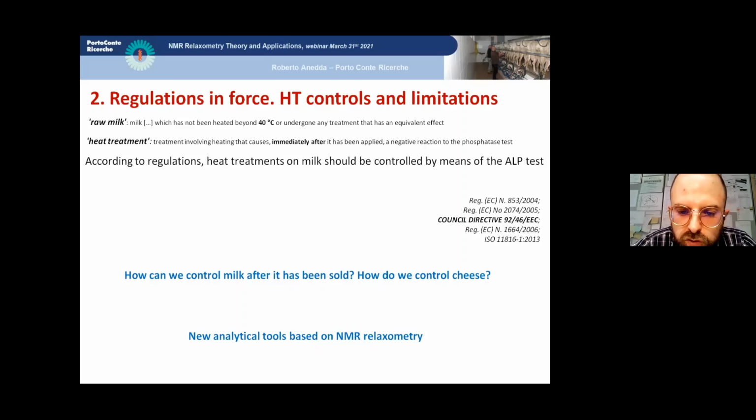The possibility to control mature cheese would open the way to a new quality control plan for the safeguard of typical products. Indeed, to the best of our knowledge, no other analytical method is able to detect milk thermization based on the analysis of cheese. Also, milk quality control would take advantage of new analytical method based on NMR relaxometry.